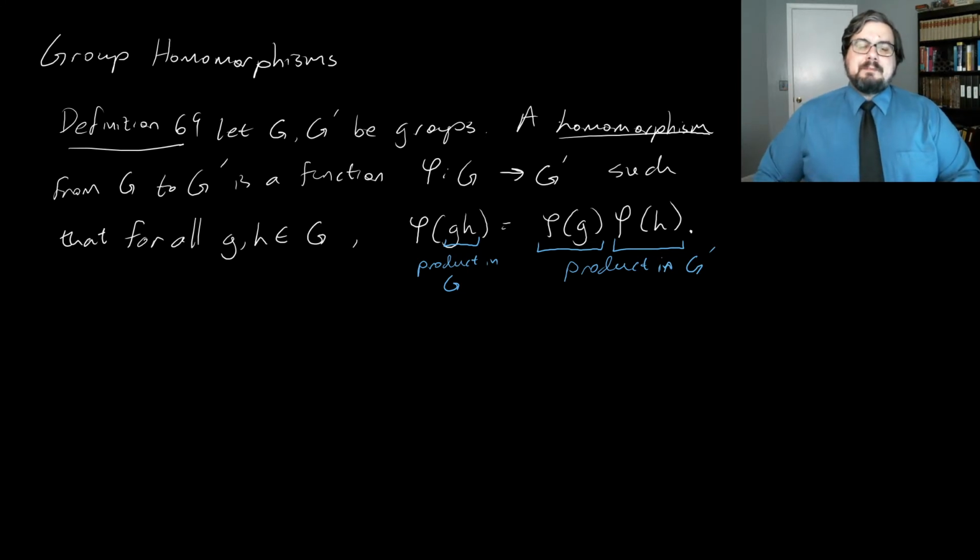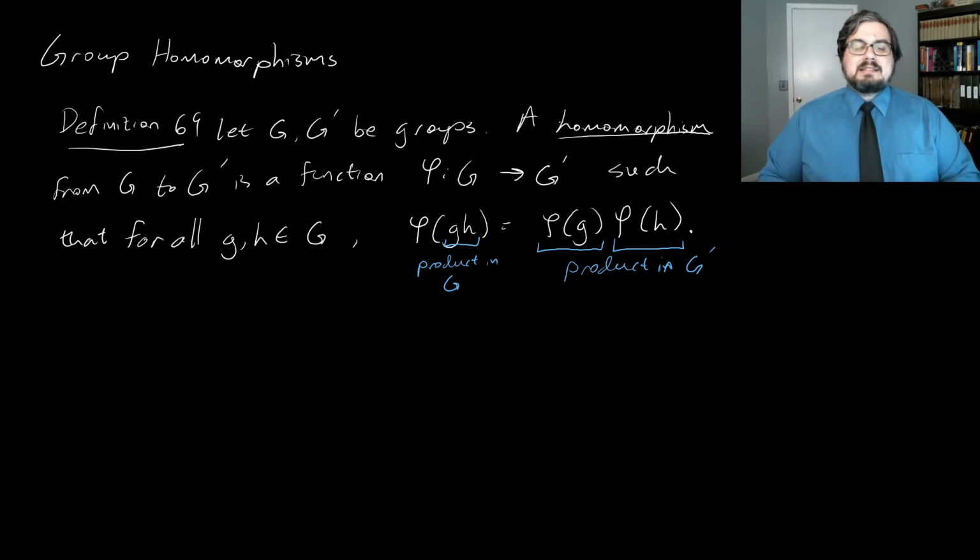What it means then for a function phi to be a homomorphism is that it connects up and relates the operations on G and G prime, even though they may be different operations, and in fact one of these operations might be written additively and the other one multiplicatively. There are lots of different things that we could do here.